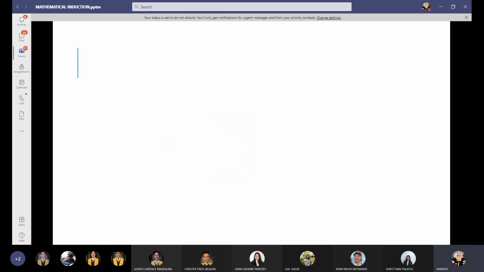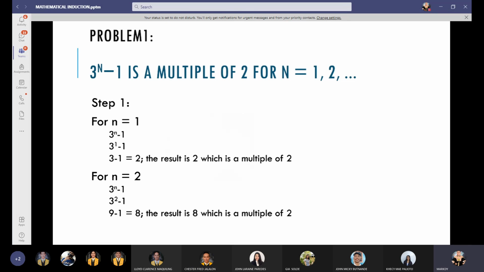So the example, I will just display it again. The given is n is equal to 10, n is equal to 15, and n is equal to 20.